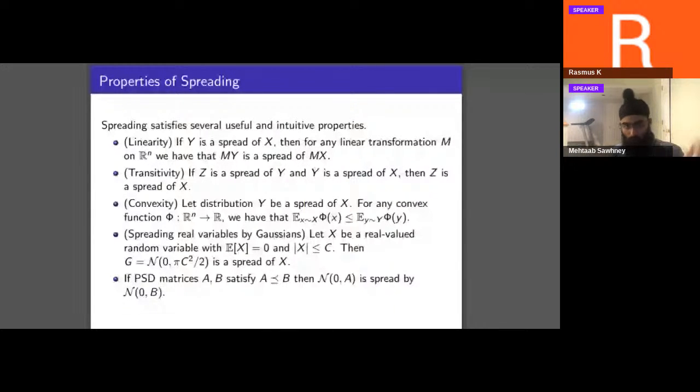And finally, I'll show that if A is less than B in the semi-definite order, then the normal variable with covariance matrix A is spread by the corresponding normal random variable with covariance matrix B.